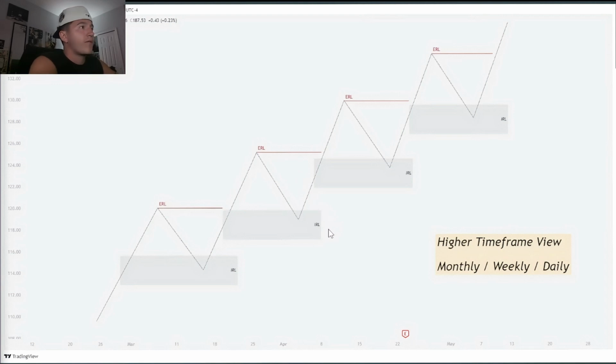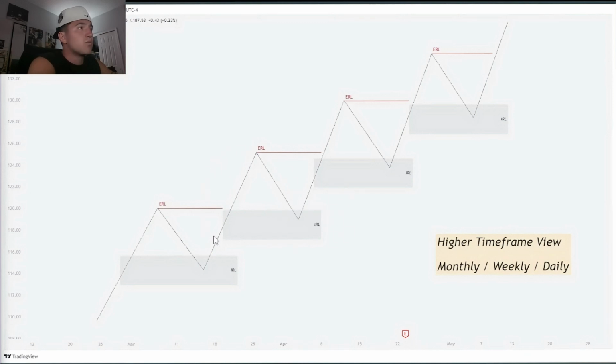This is why I prefer trading continuations and not reversals, because reversal trading would be me trading the price reversing from the external range liquidity pool into the internal range, which is against higher time frame order flow. So I would prefer to frame my trade inside of that internal range liquidity pool.